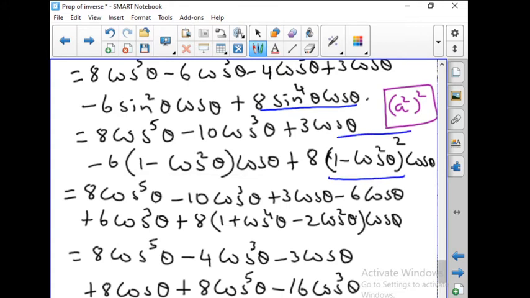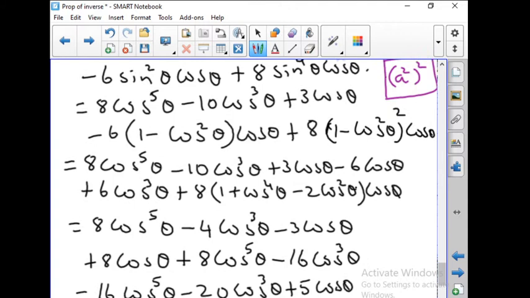See a square the whole square, where a is sin theta. Therefore, a square is sin square theta. Sin square theta we are writing as 1 minus cos square theta, so 1 minus cos square theta the whole square into cos theta. Now ordinary multiplication.